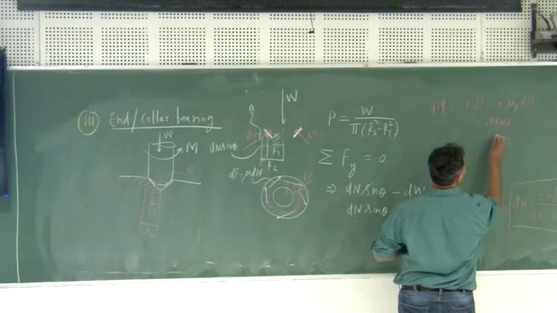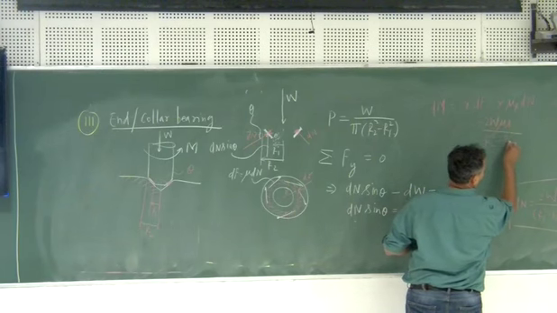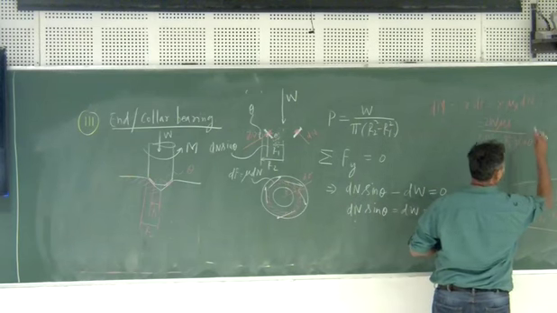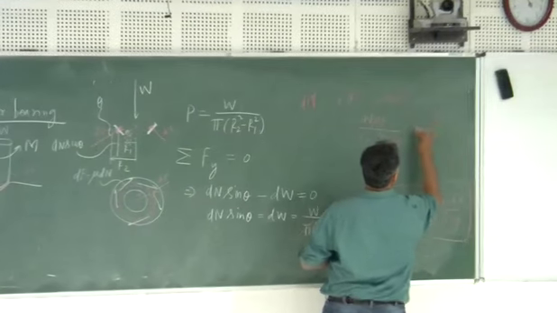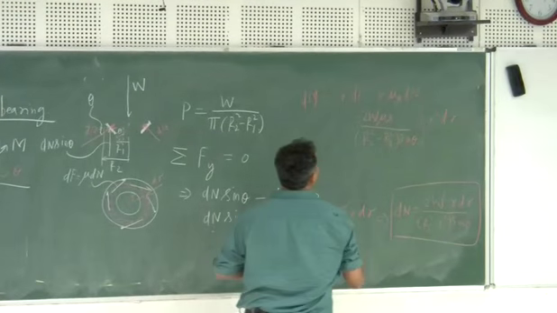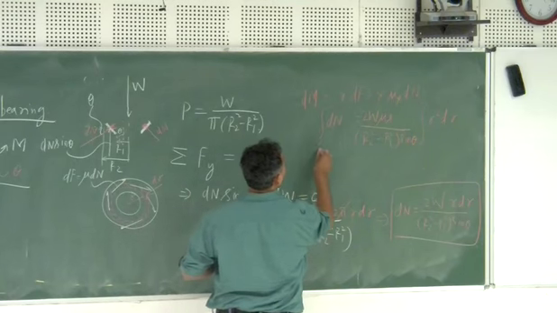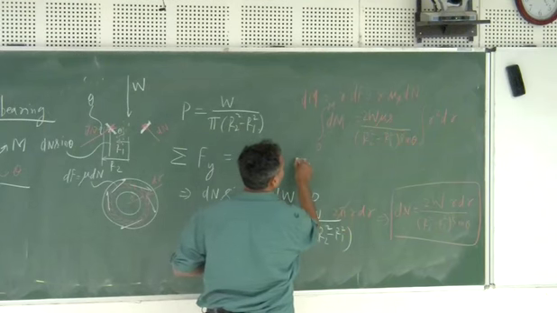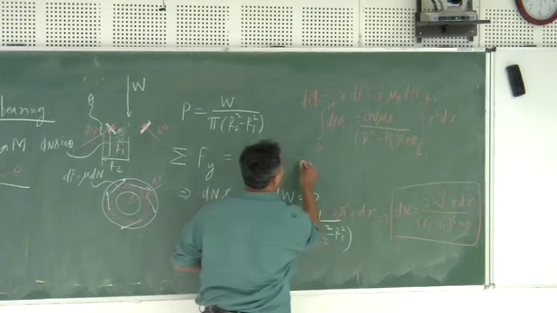mu s, right, divided by r2 square minus r1 square into sine theta, and you are having r there, so you will be having r squared, and to find this total, you will have to simply integrate from r1 to r2.